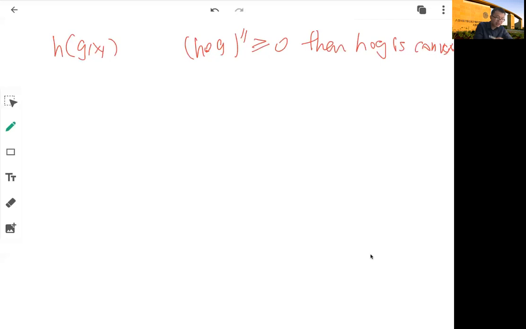Okay, so let's try to apply this rule by working out the second derivative. Let's first take the first derivative. The first derivative by the chain rule is h prime of g of x multiplied with g prime of x.